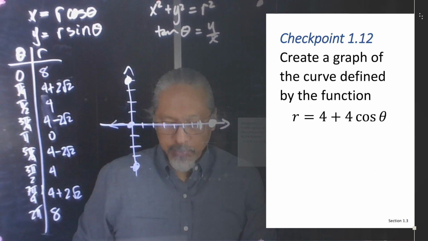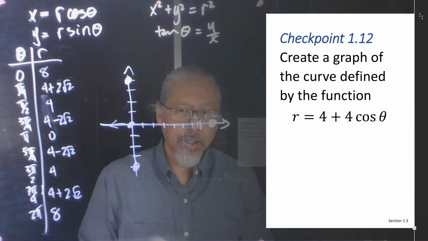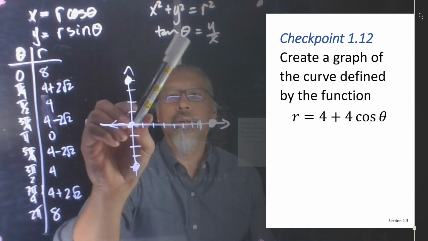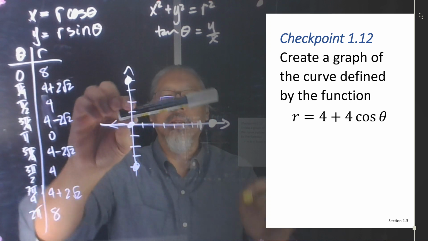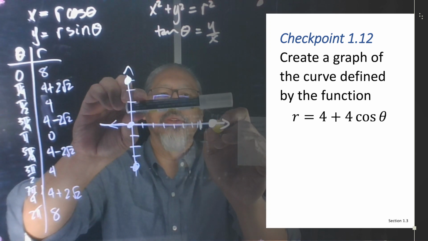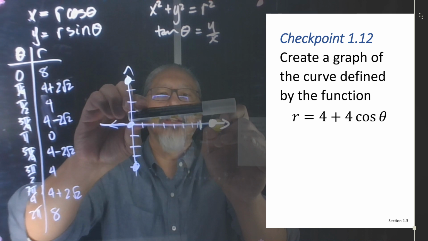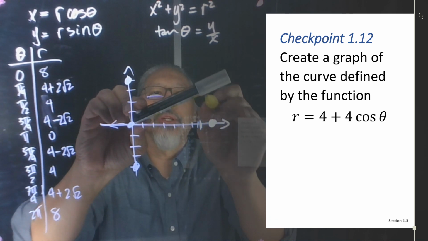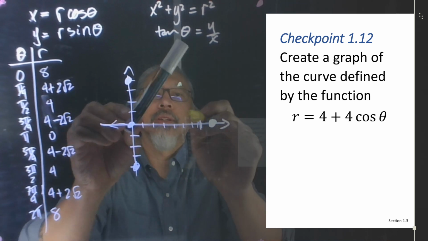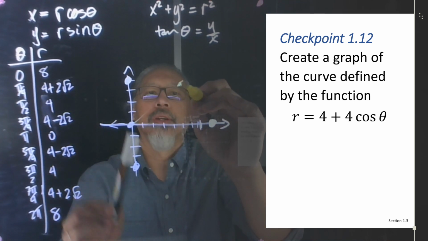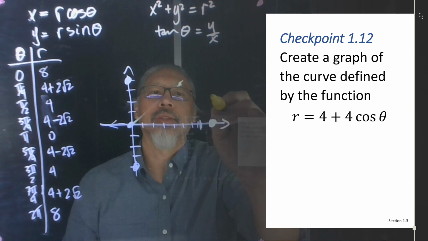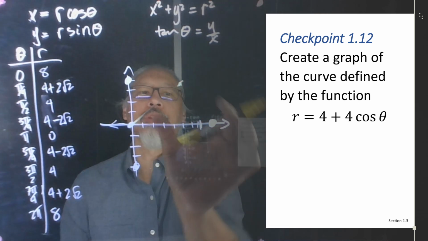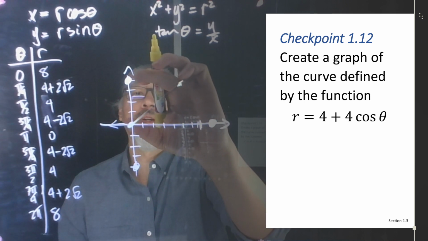So now imagine taking your drawing ray going around this way, and as you're drawing it, you have a radial distance of 8, and then somewhere along the line it shrinks down a little bit. So at pi over 4 you have this distance over here that's between 8 and 4.